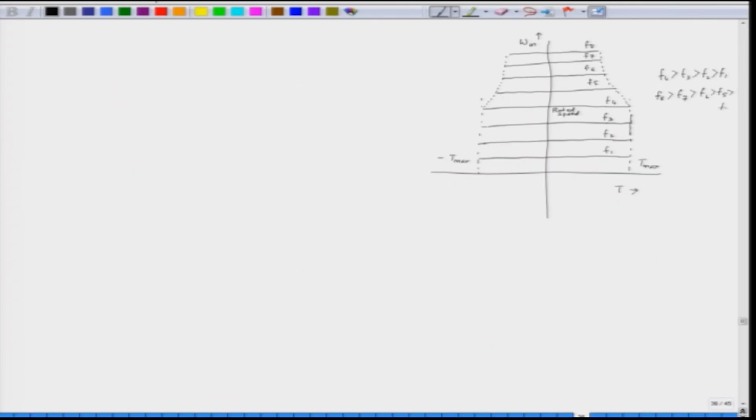This zone from this point onwards is called the field weakening zone. And from zero speed, this is actually the origin, this is called the constant torque zone.